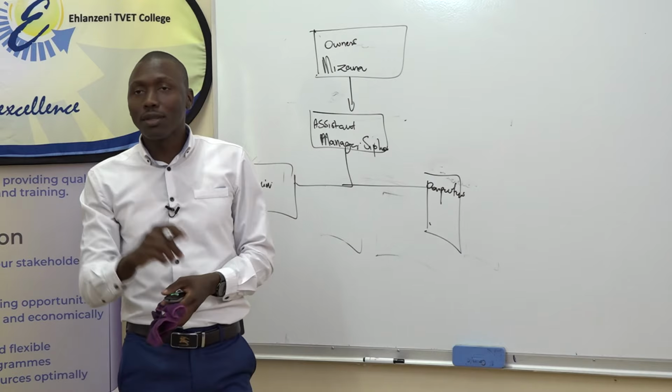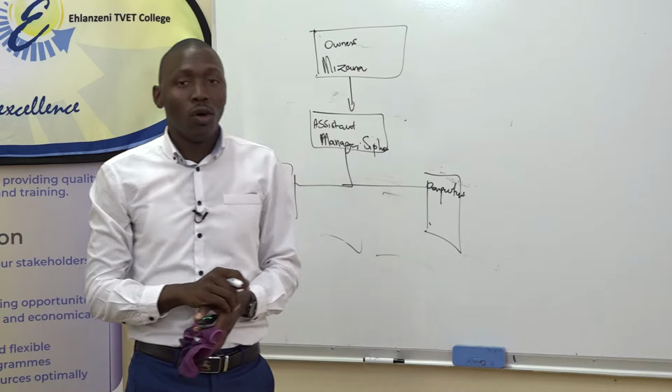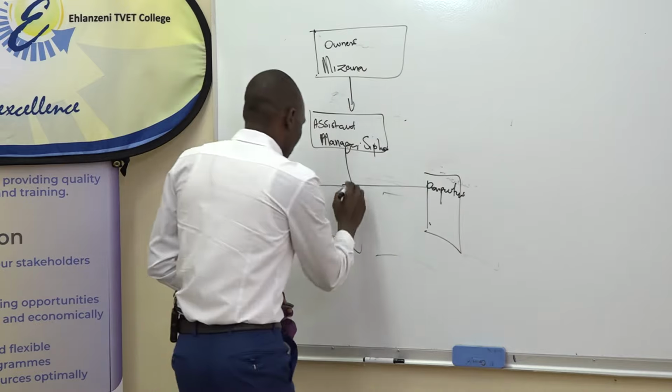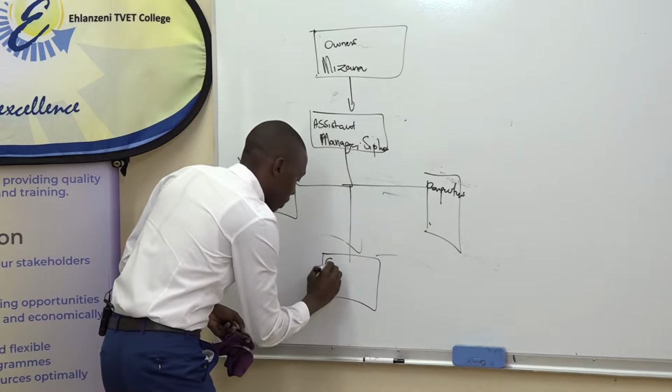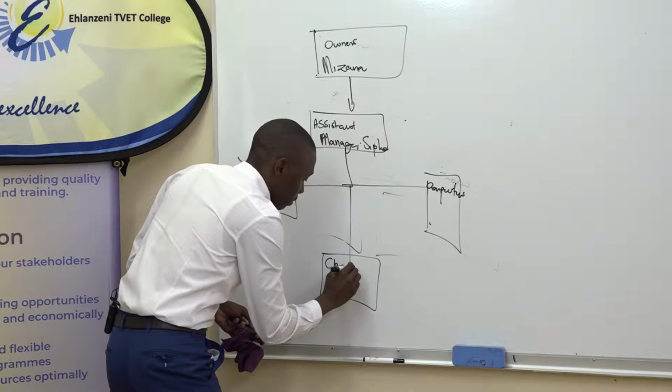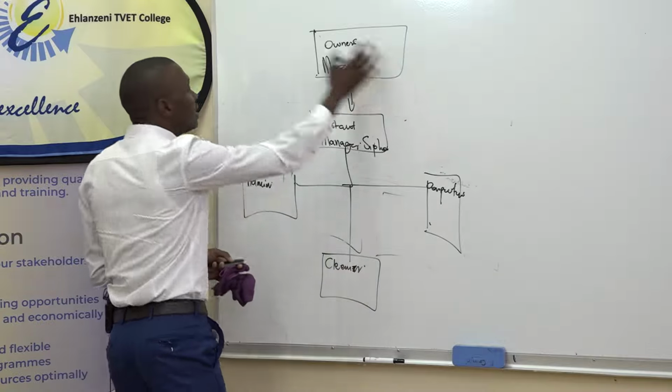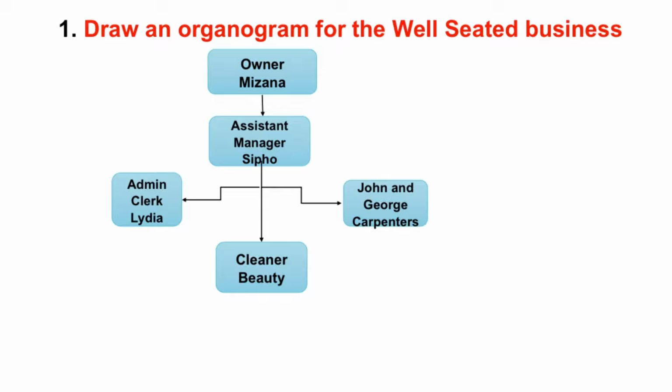Then there is the last person, who is a cleaner, and that one is going to be alone. Then this is how we draw up an organogram. We need to start from on top, who is the owner, the assistant manager, the admin, the carpenter, then the last person is going to be the cleaner.